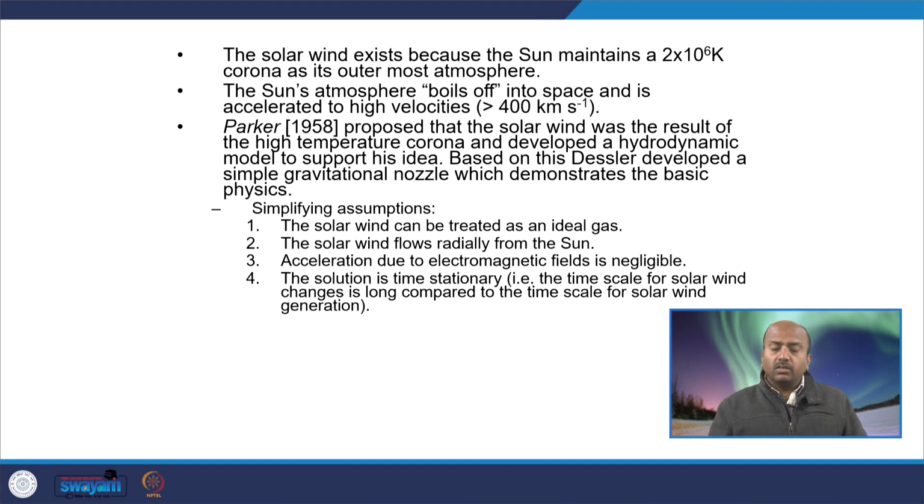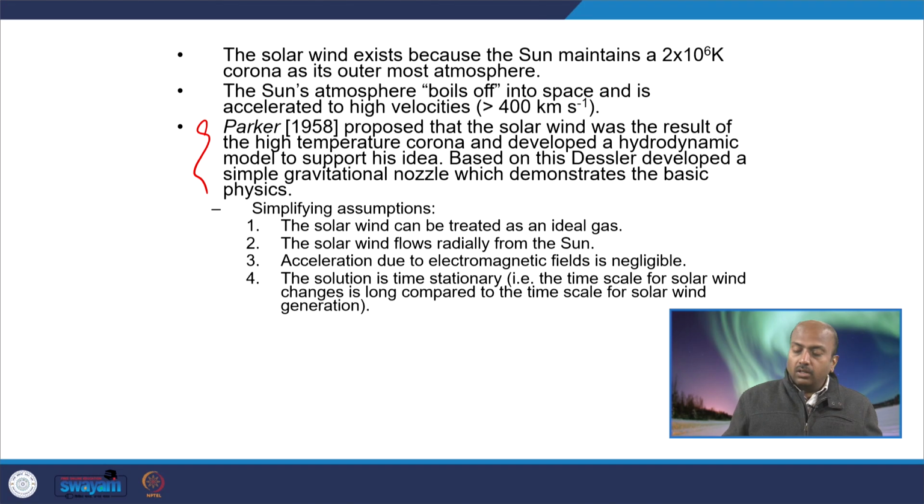Many theories were proposed, and Parker's theory in 1958 was a successful one, which proposed that the solar wind was a result of the high temperature corona, and Parker developed a hydrodynamic model to support this idea. Based on this, Dessler developed a simple gravitational nozzle which demonstrated the basic physics.